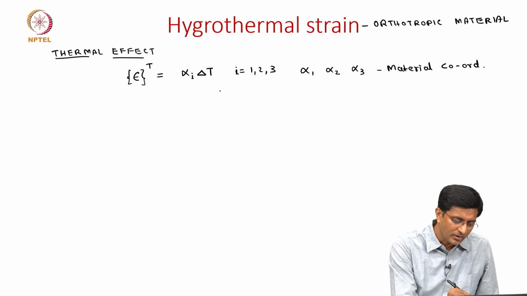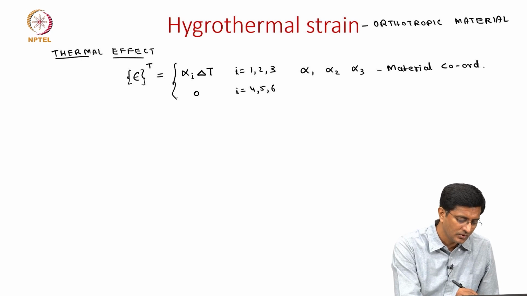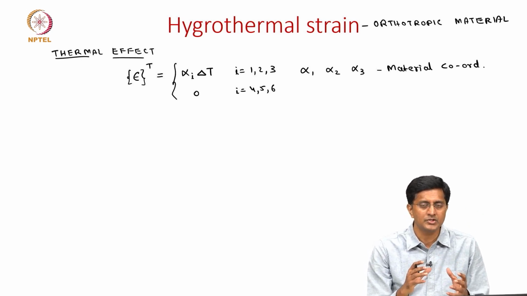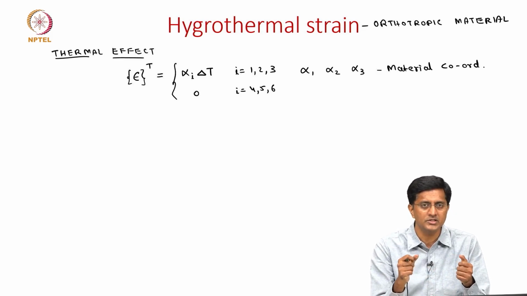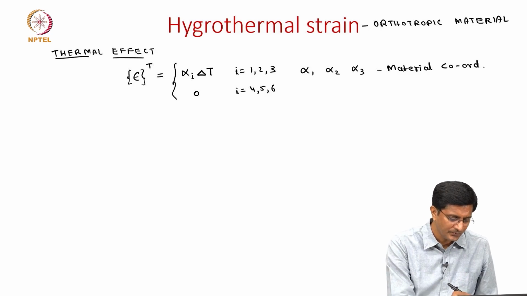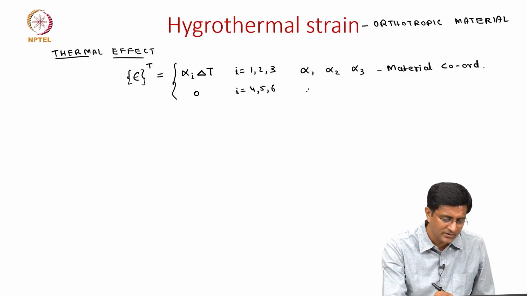And for i going from 4 to 6, this value is 0. So we are saying that in the specially orthotropic material, there is no extension shear coupling, meaning that there are only normal strains. We don't expect to see shear strains. Okay. And these alpha i's are the coefficients of thermal expansion.